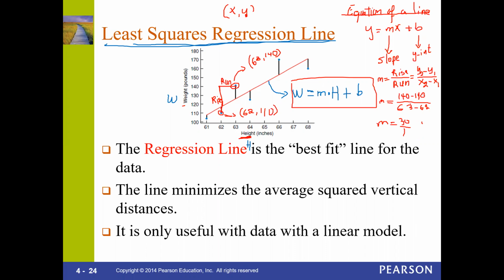Give me one moment, I'm trying to get my cursor here. It's going to be pound per inch. That means for every 30 pounds, there's an increase of 1 inch. Okay, that's what I mean.